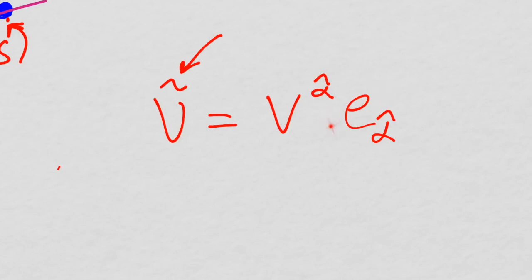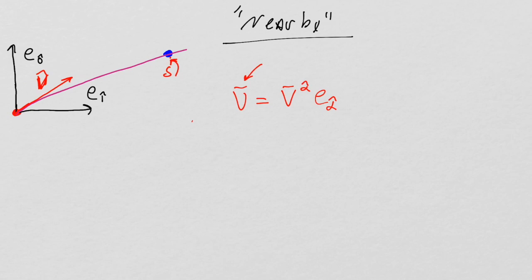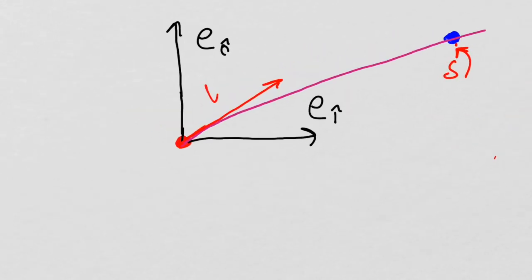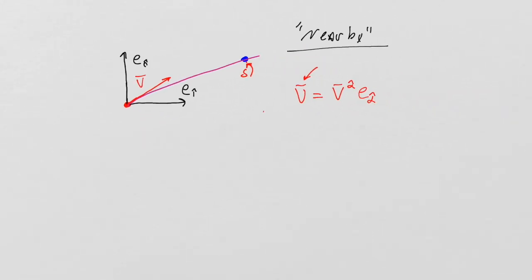It's also given away by the E. But because I am used to using hats for unit vectors in elementary physics, maybe this hat should be a bar. I get rid of that and make it a V bar, something like that. Either way, this is now set, but s is some value.